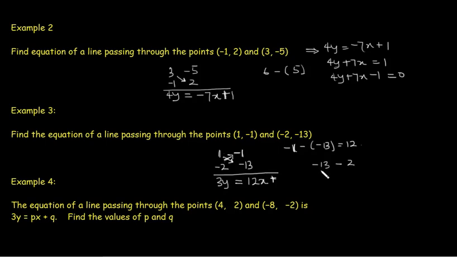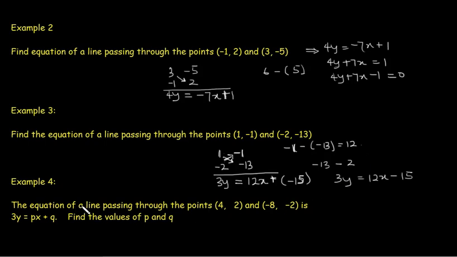So -13 minus 2 is -15. Alright, so our new equation is 3y = 12x - 15. So you can write it in any of these forms.